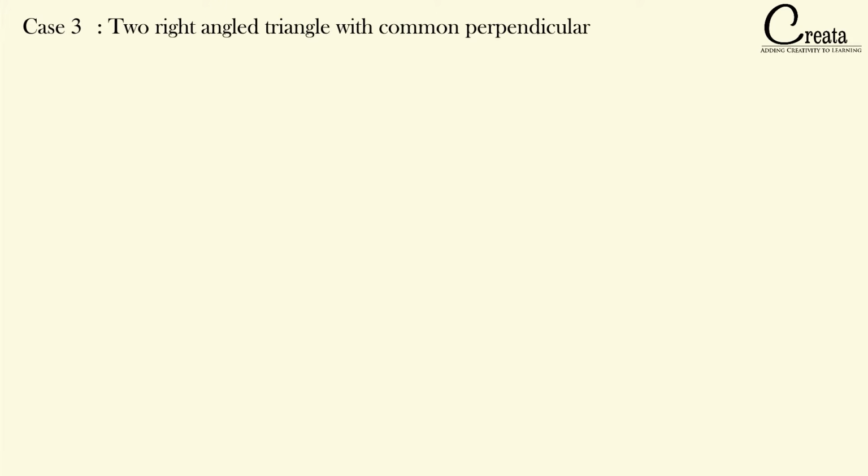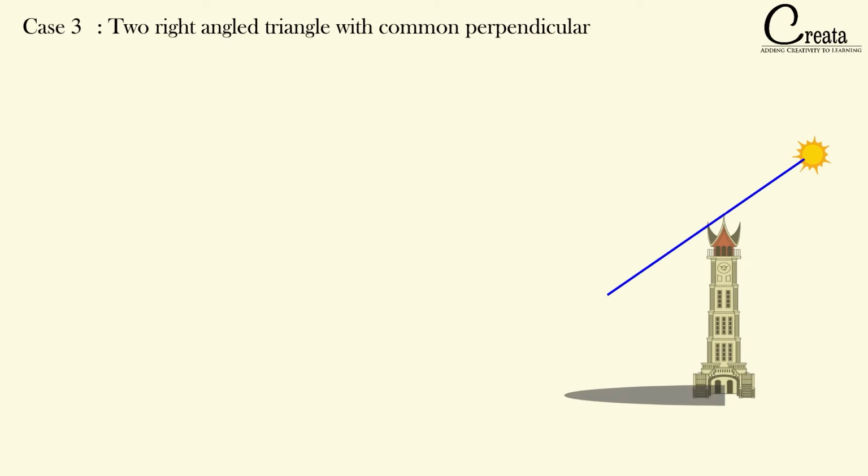Moving further, here in case 3 we are having two right angle triangles with the common perpendicular. Suppose we are having a building or a tower and we are having the sun behind that tower, and that sun is casting the shadow of the tower on the ground. After some time the sun has risen to a different altitude. Now the length of the shadow has shrunk.